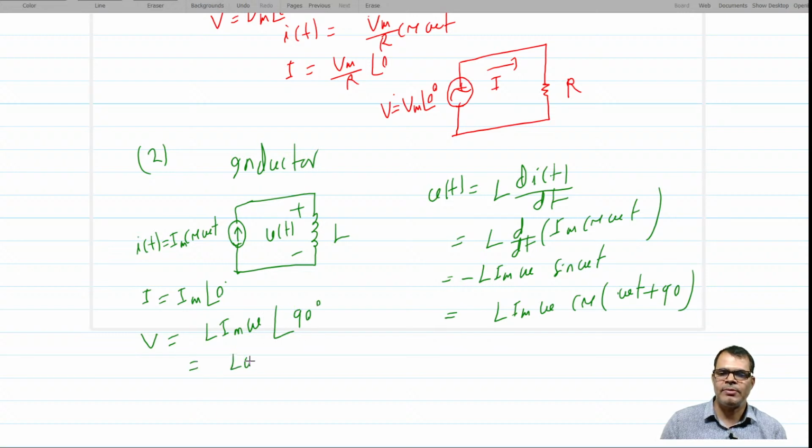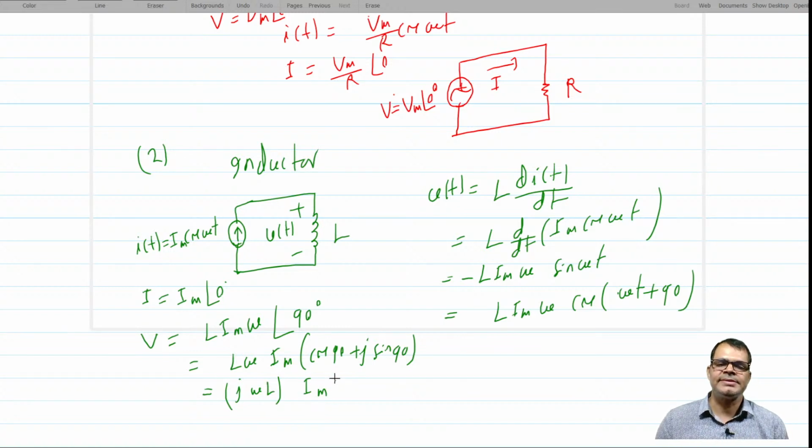So L omega Im, cos 90 plus j sin 90, which is j. So j omega L into Im.